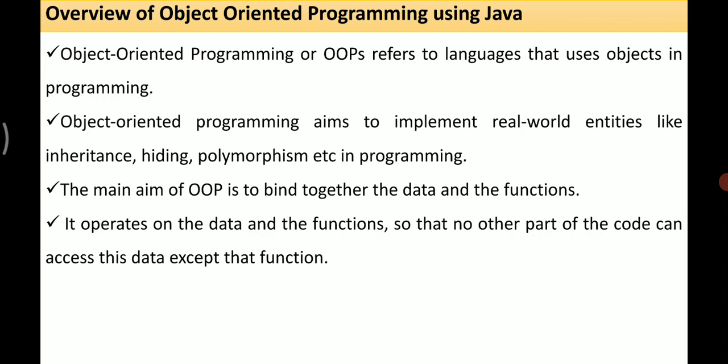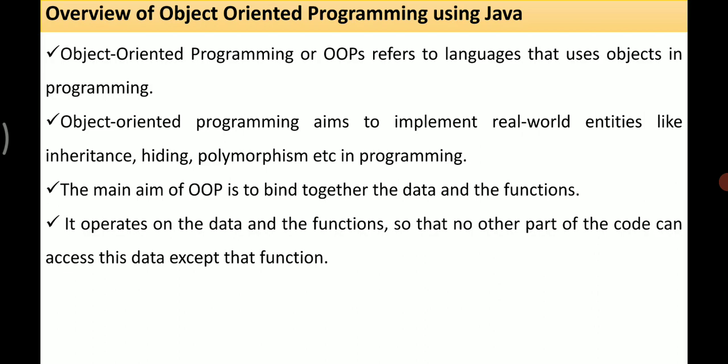The main aim of object oriented programming is that we bind together the data and the functions that operate on them, so that no other part of the code can have access to this data except that particular function.